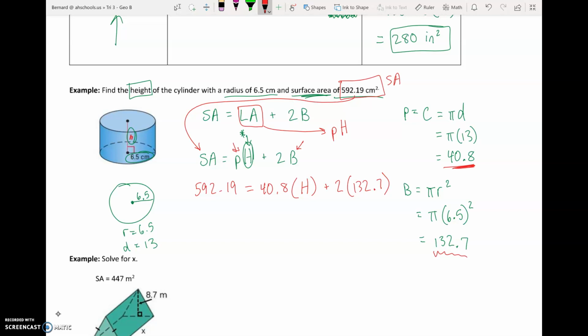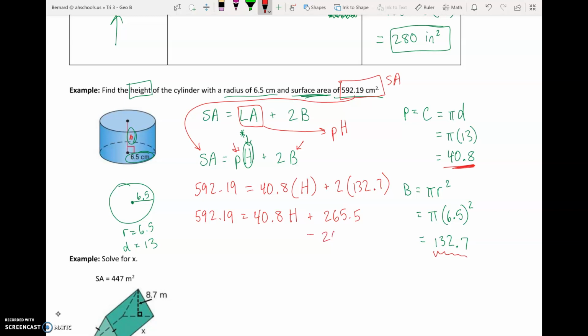All right, so let's clean this up a little bit. We still have 592.19 on the left. We still have 40.8 times h, and then plus 2 times 132.7, which is going to be roughly 265.5. And now we just want to get h by itself, so we have to do some algebra here.